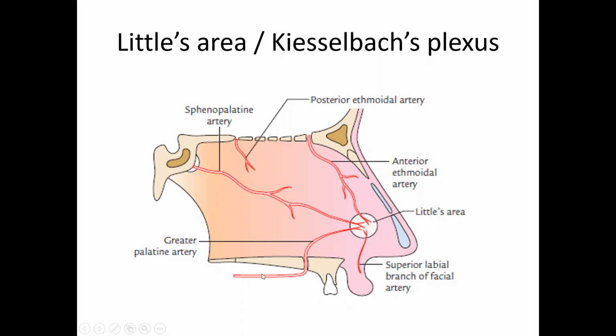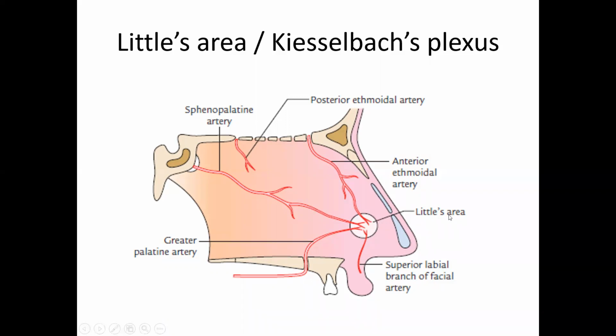Then it runs horizontally in the oral cavity, and through the incisive foramen, it comes into the nasal cavity. And of course, the superior labial branch of the facial artery, which supplies the upper lip, reaches the midline and enters the nasal cavity. And all 4 to 5 branches anastomose in this area.